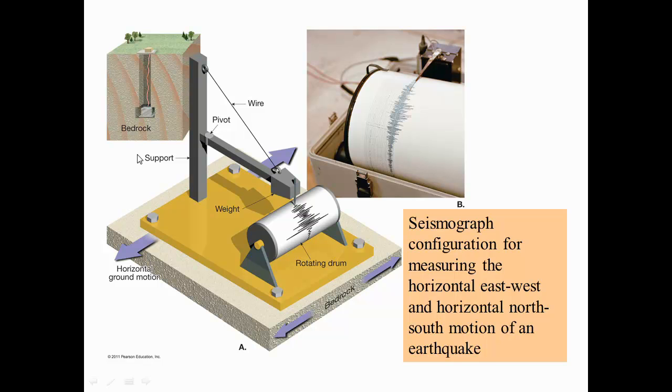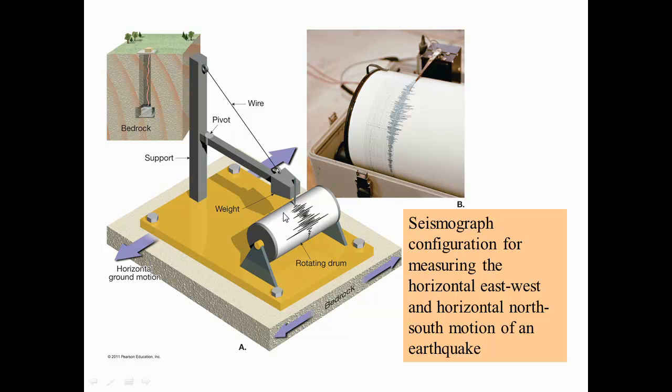Now, in this configuration, this seismograph is going to measure the horizontal component of the ground motion. And here we have a support and a pivot, and there's a weight at the end of the pivot which holds a pen, and this pen in turn is suspended by a wire.